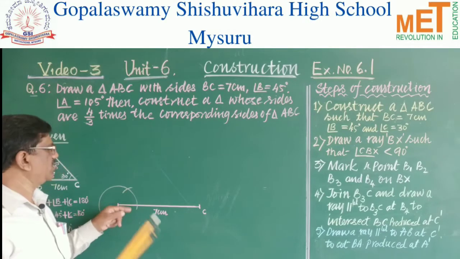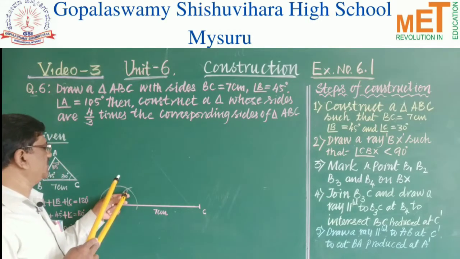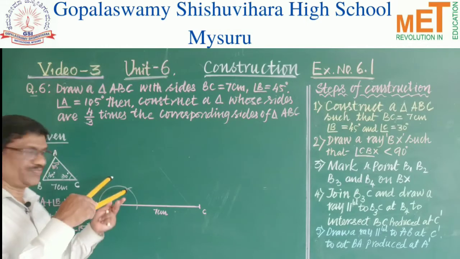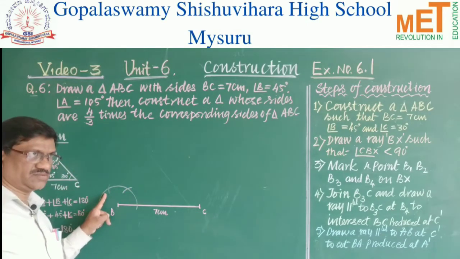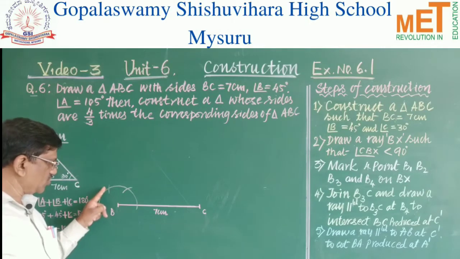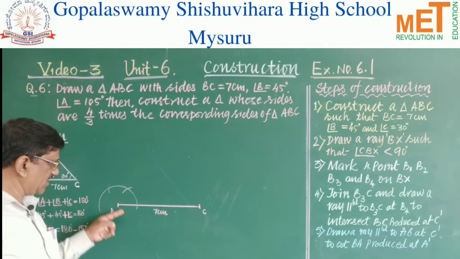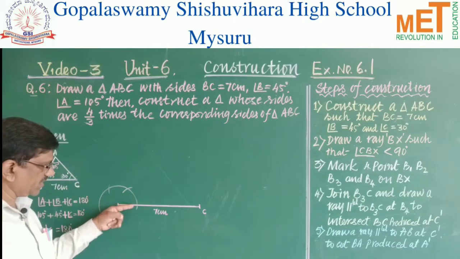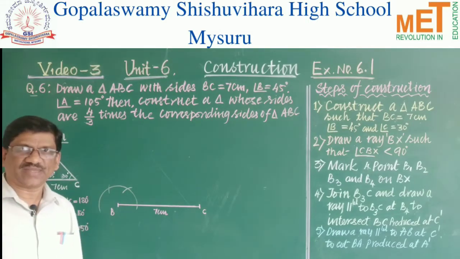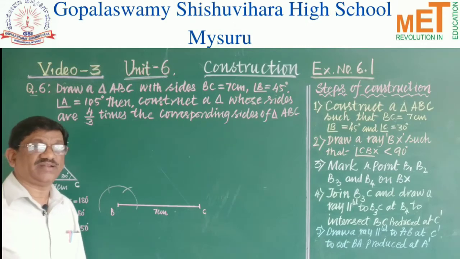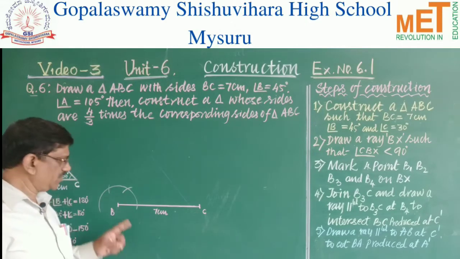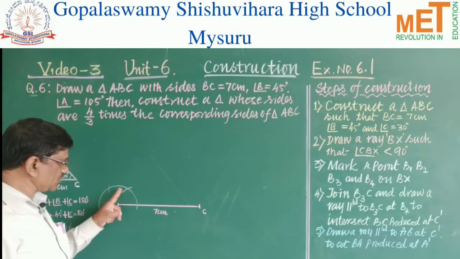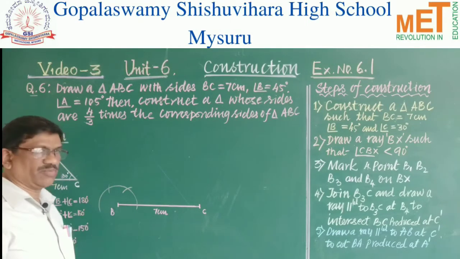Understood? Next, with this point as a center, if you draw another arc, so if you join this point of intersection with C, that line gives 120 degree with BC. Understood? But here we need 45 degree. For that, what we have to do, children, we have to bisect these two points of intersection.